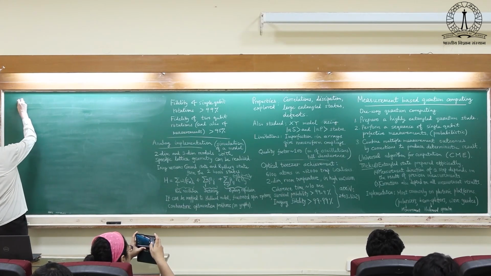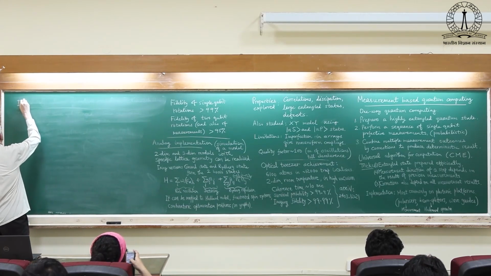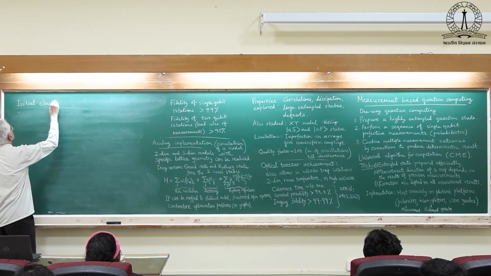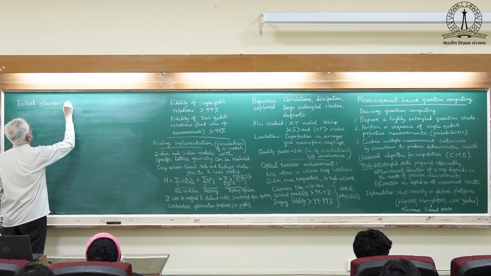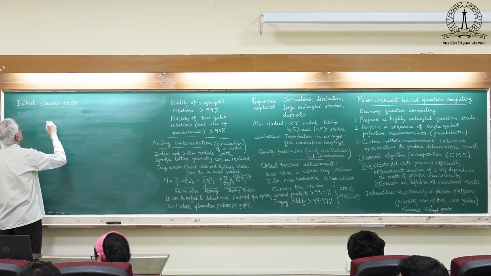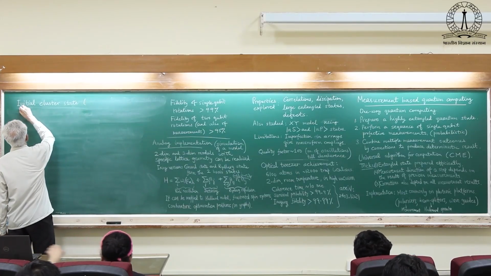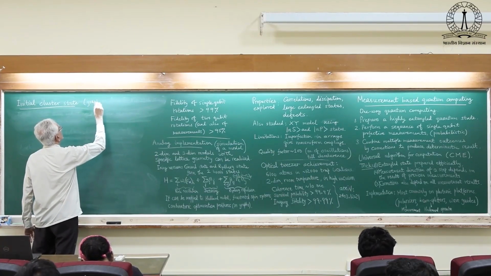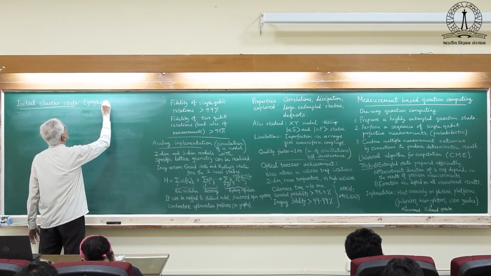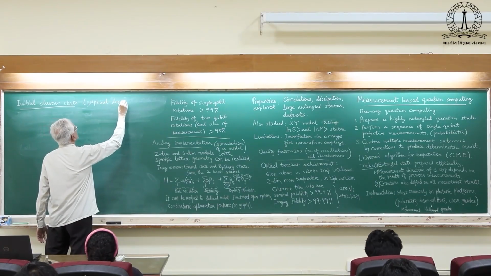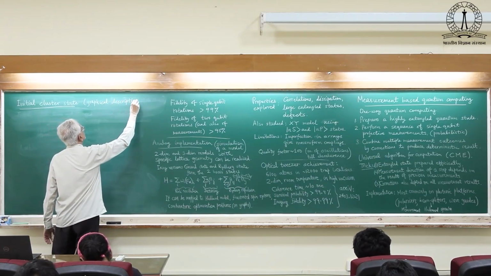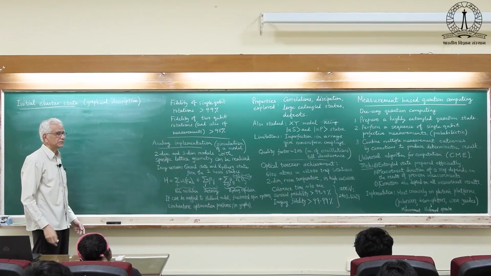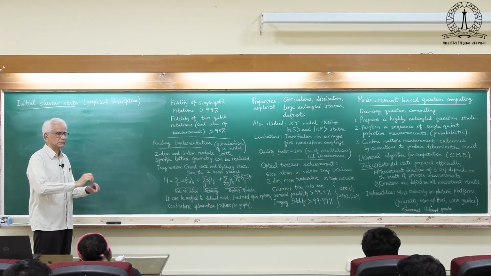So the initial state is something which is called the cluster state. And it is described by a graph, which means some vertices and some edges.